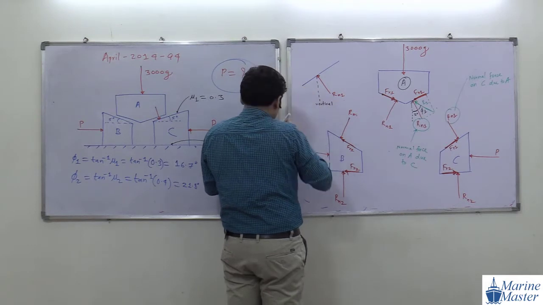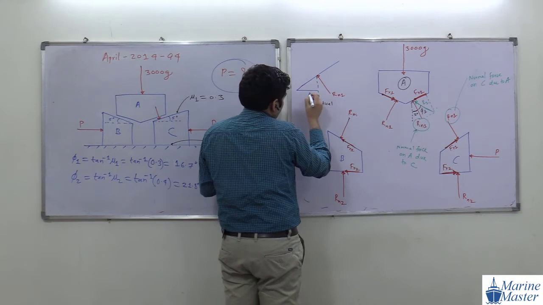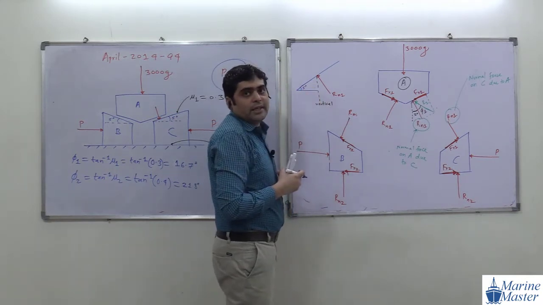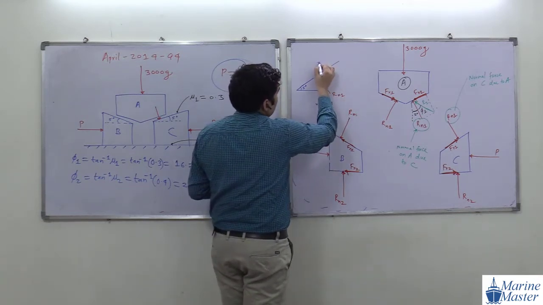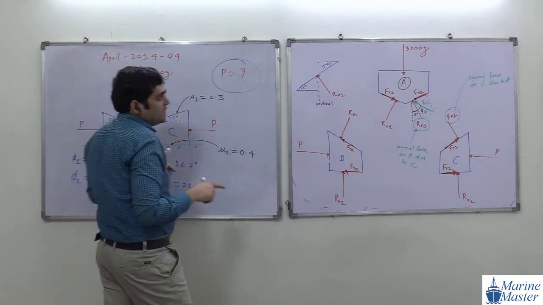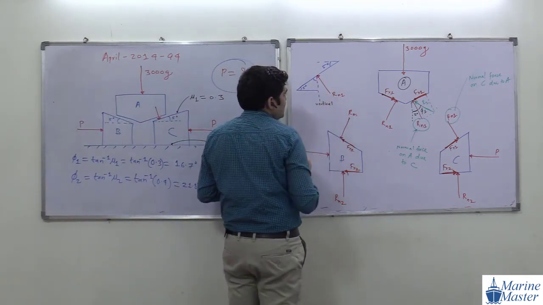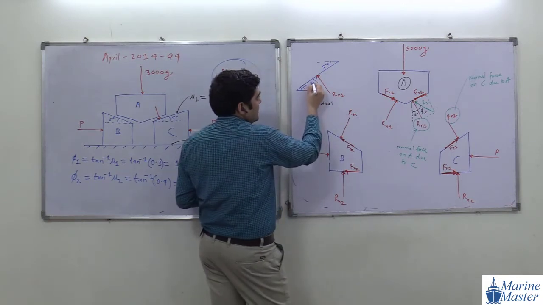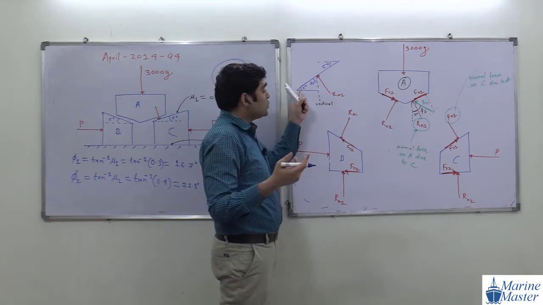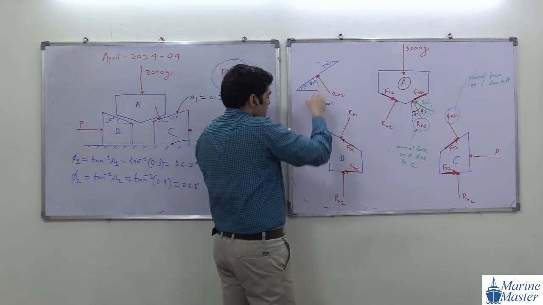Now, this angle is how much they have given us in the question? 5 degree. So this angle is 5 degree. Then what about this angle? It will be 85 degree. Not to scale drawing, otherwise you will say, sir, how is this 5 degree? So this angle will be 85 degree. And these two summations will be what?